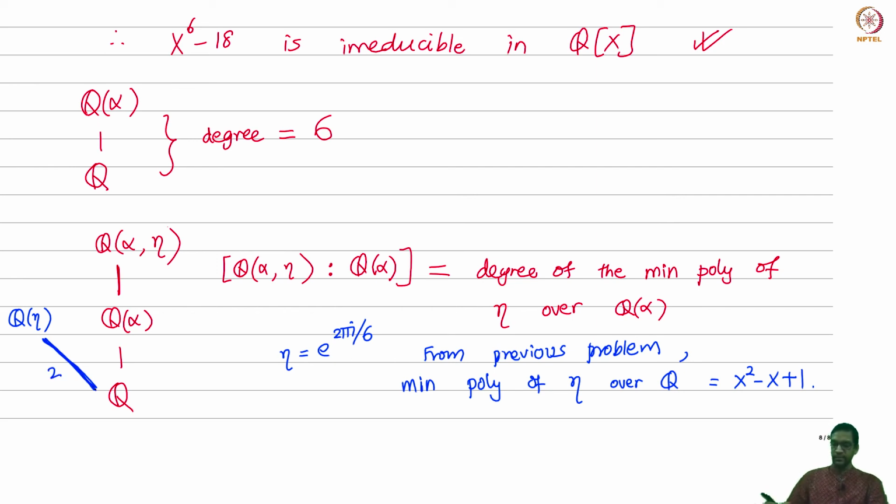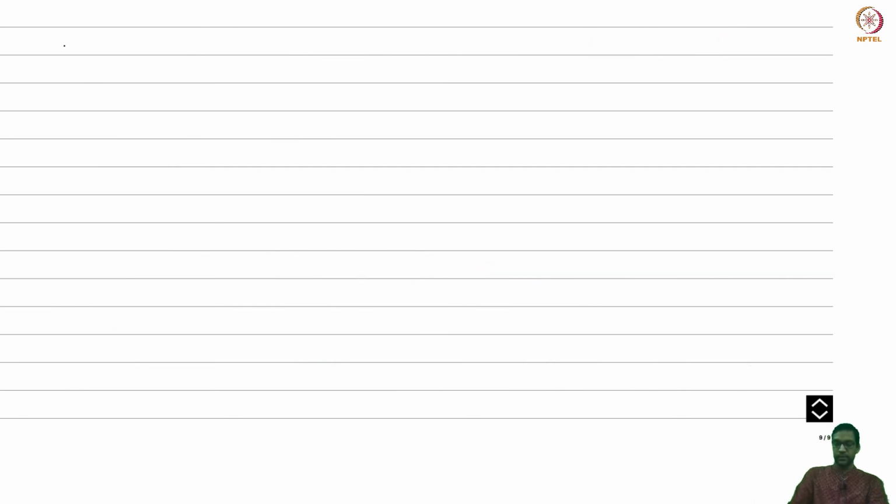But I claim that this very same polynomial is also the minimal polynomial of eta over Q(alpha). Let's make that claim.